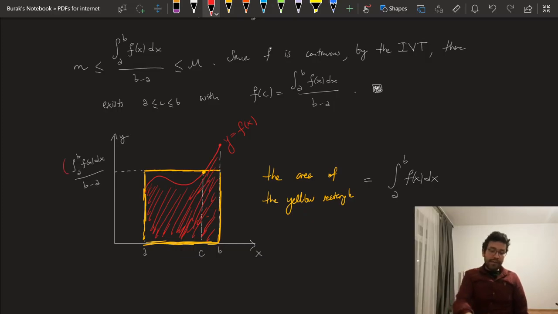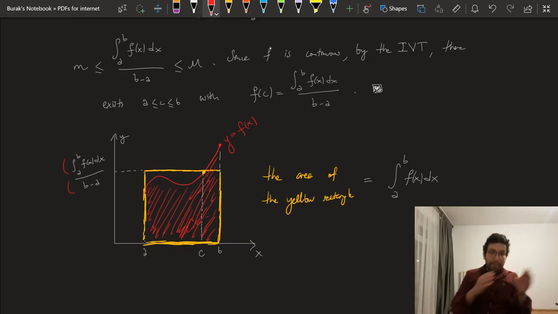And the displacement divided by the total duration of travel would give me the average velocity. So this number is my average velocity, and if you interpret this mean value theorem for integrals in terms of velocities and displacements, it simply tells you that at some point during your travel you have to achieve your average velocity.